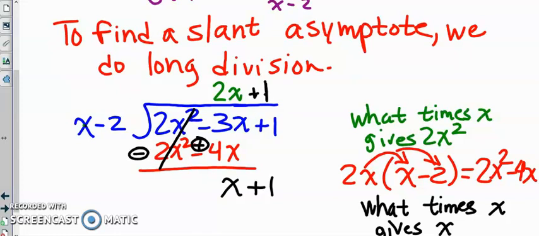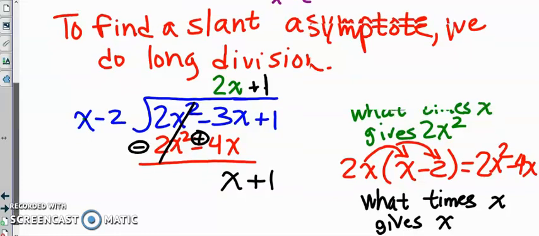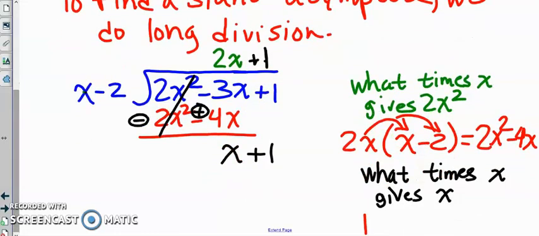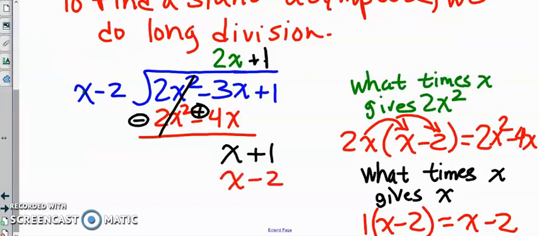Let's go ahead and multiply that out, x minus 2. Remember, we switch signs, so it should be a minus here, a plus here. The x is canceled out, so we're left with just a 3 left over.